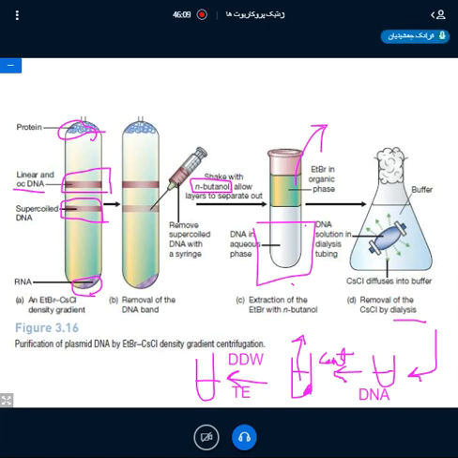And how can you qualify that? For example, you may have some contamination in the DNA. How can you understand you have some contamination in the DNA? Anybody tell me?